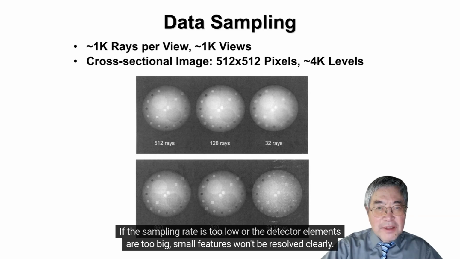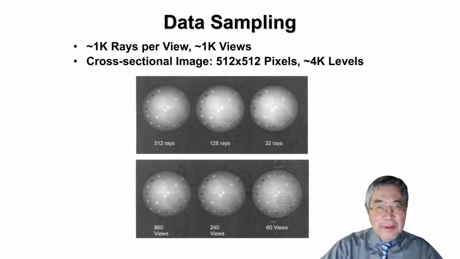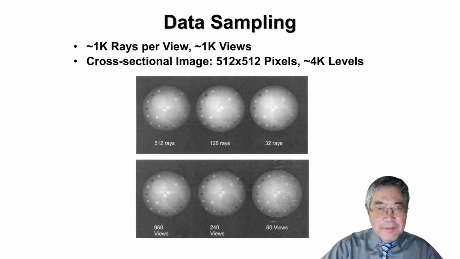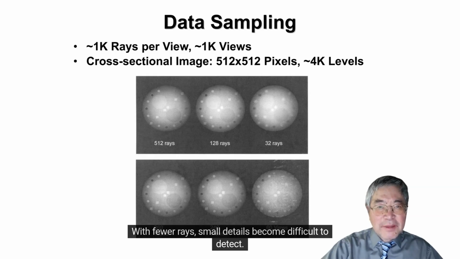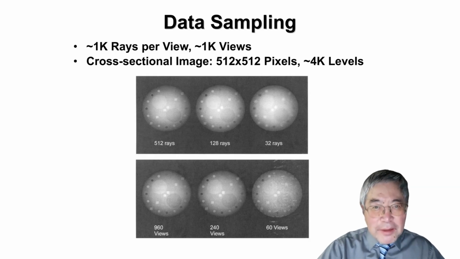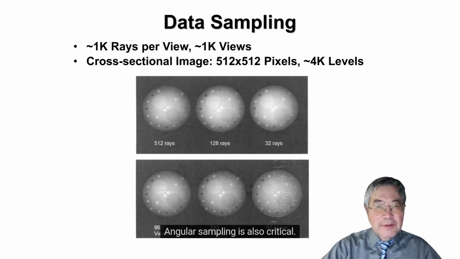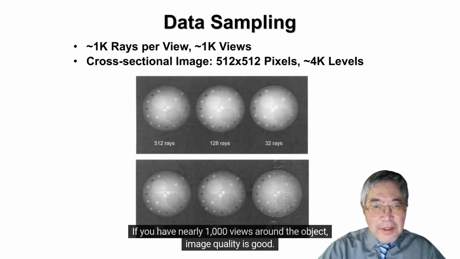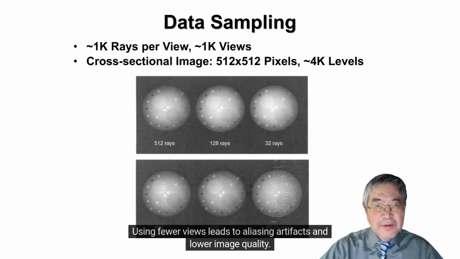If the sampling rate is too low or the detector elements are too big, small features won't be resolved clearly. For instance, with about 512 rays, you get fairly clear images. With fewer rays, small details become difficult to detect. Angular sampling is also critical. If you have nearly 1,000 views around the object, image quality is good. Using fewer views leads to aliasing artifacts and lower image quality.